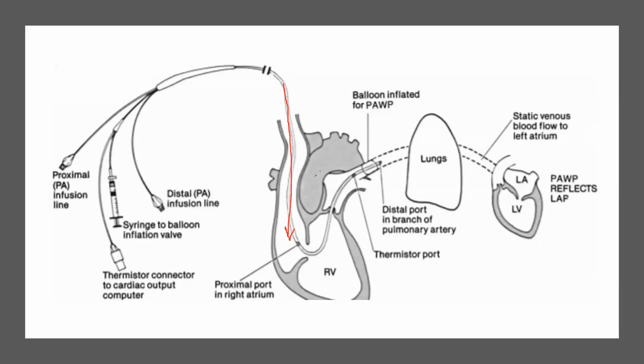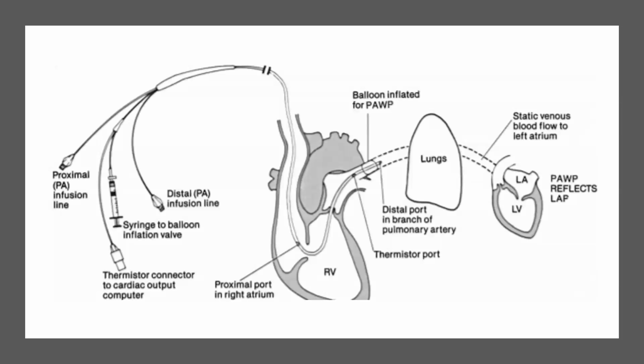So what is this term preload? A lot of us oftentimes are confused with what this term is, preload. You have a blank screen right now because I would like to write and illustrate on the screen what I'm trying to say. Okay. So whatever load you bring into the right atrium is what is known as preload.